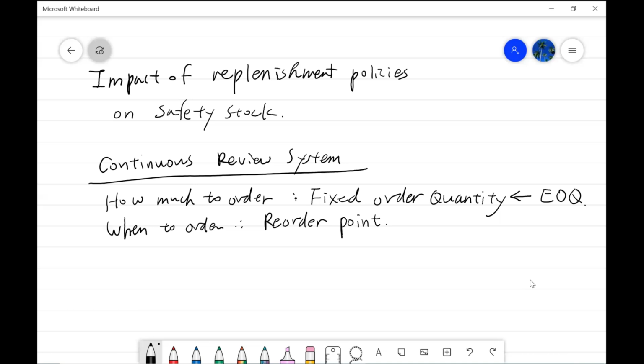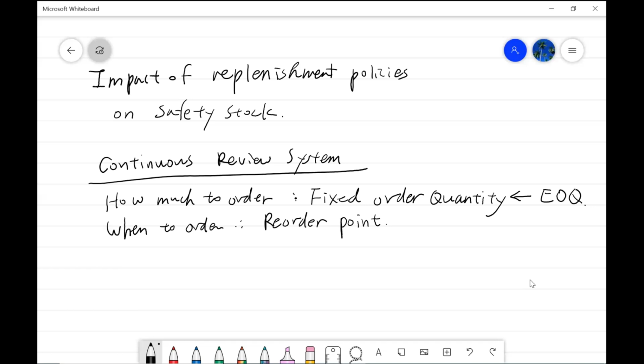So do not misunderstand. Reorder point doesn't tell you an exact time, such as an hour or year or month. No, not at all. This is just one inventory level that tells you when you have to order.